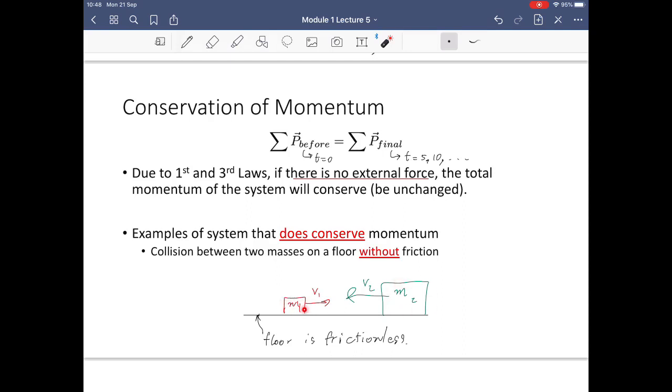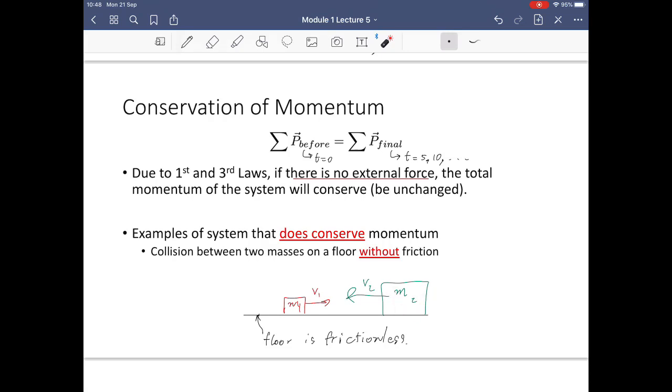Now, what if you treat only the red mass as the system but not the green mass? In this case, when it collides with m2, there would be a force from m2 acting on m1. So this becomes an external force to this system, and the momentum of m1 before and after collision will not be conserved.